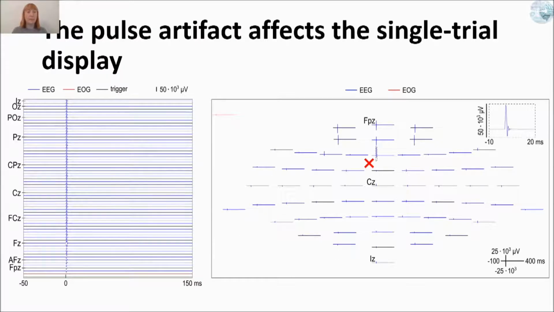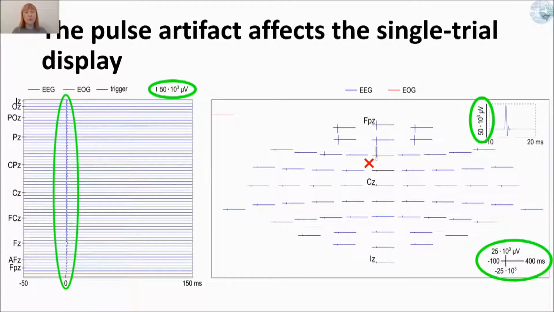Basically nothing, because of the pulse artifact, which spreads everywhere and is huge, 3 orders of magnitude larger than EEG activity. So there is no way to set the amplitude range of the signal in order to see both the artifact and EEG activity at the same time.